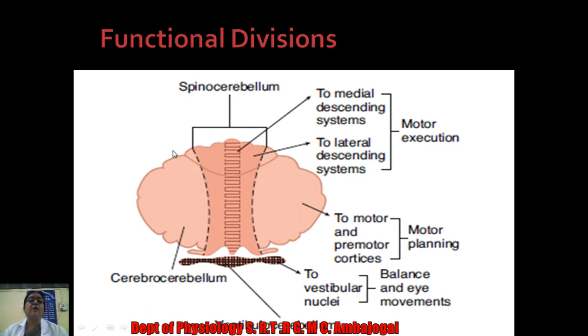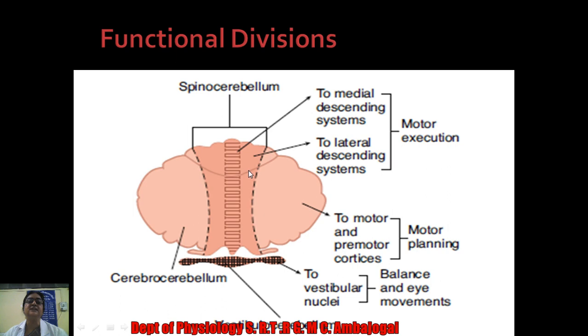An important point while discussing the connection and function is that this image must be in front of your eye. What is that image? Functional divisions of cerebellum. First is the vestibular cerebellum, composed of the flocculonodular lobe and adjacent part of vermis.